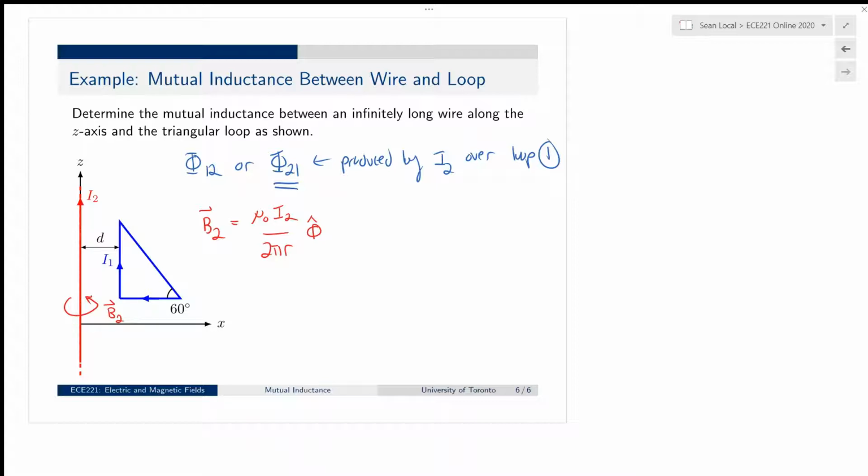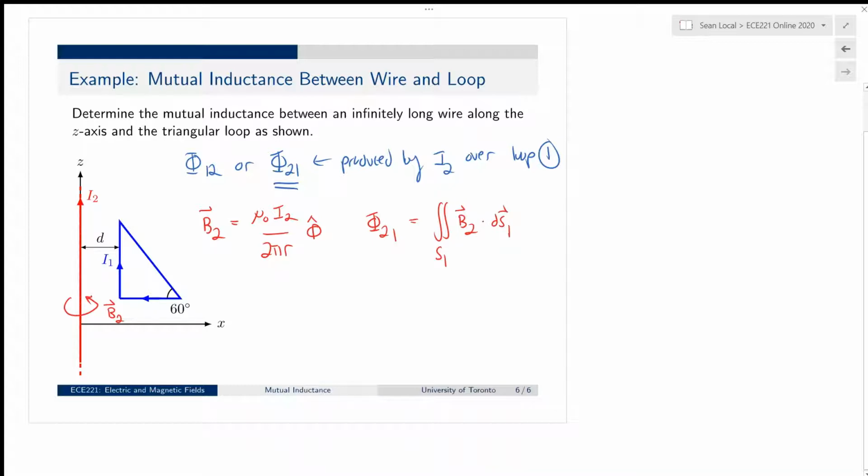So we're going to have to do an integration here. So let's write out an expression for phi21. We're going to have to integrate over S1, which is the triangular loop, the magnetic flux density produced by line current 2, as shown here.